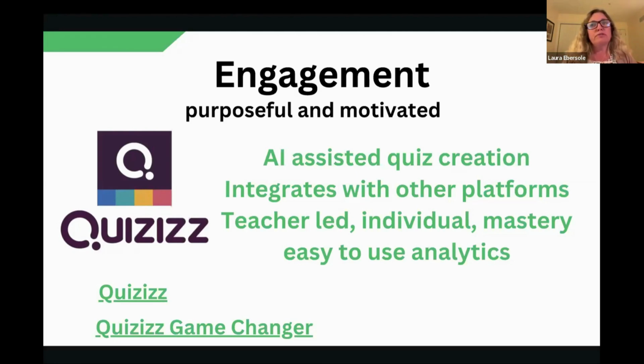It also integrates very well with other platforms. Canva will work well within there. And the way that they personalize their learning, that teachers can decide how a quiz might be generated. So maybe you're doing this with your entire class. It's a teacher-led experience.